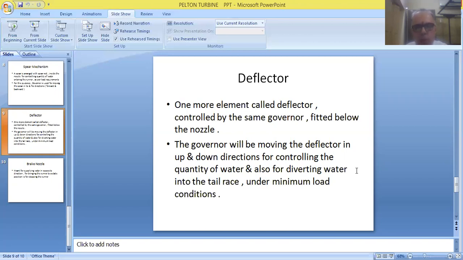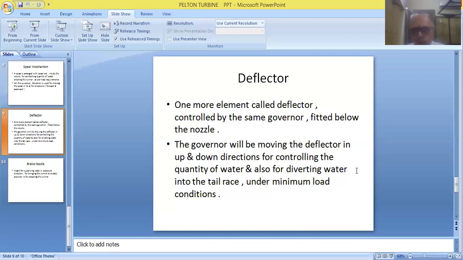Similarly, it is meant for deflecting the unwanted or excess quantity of water directly onto the tail race. Therefore, it is referred to as a deflector.